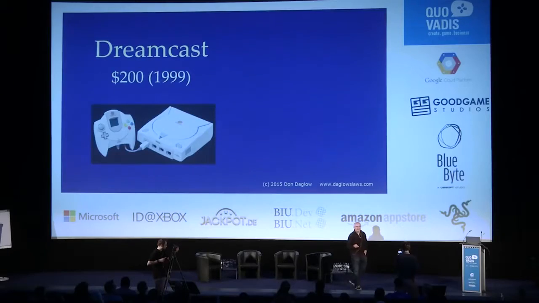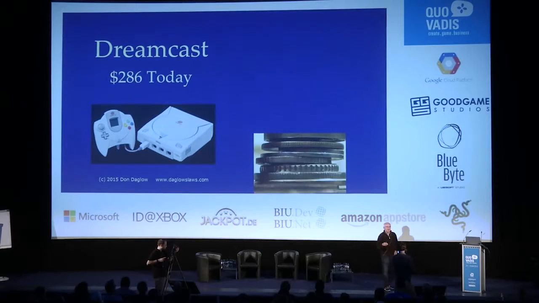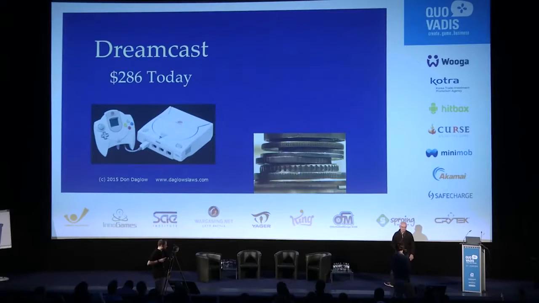So in today's spending power in the United States, a $200 machine in 1999 would cost $286 today. So still not a really expensive console. Now, unfortunately, although it was inexpensive, the Dreamcast did not sell well. It was defeated in the market by the PlayStation 2 and by the Xbox. So low price alone for a nice box does not guarantee you success.